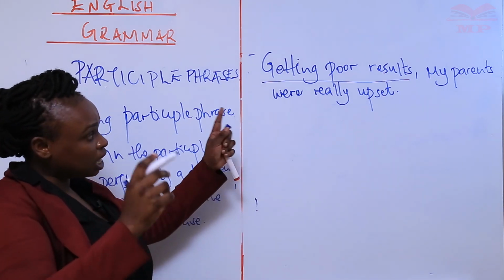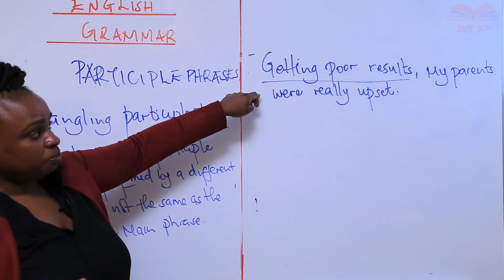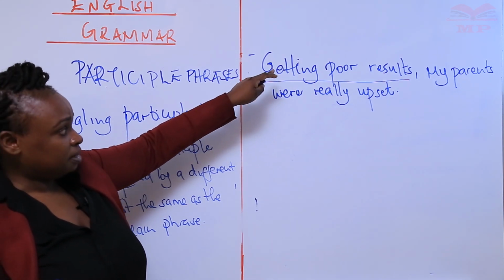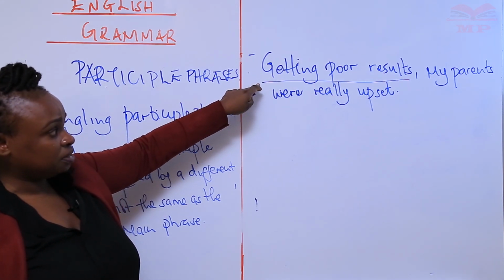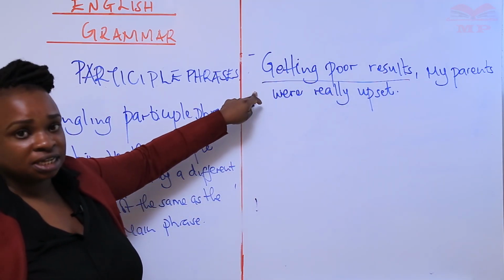We've said that the two actions must refer to the same person. So this one is a dangling participle phrase. Why? Because the getting poor results is not the same person as the one who was upset. My parents are not the ones who got the poor results.